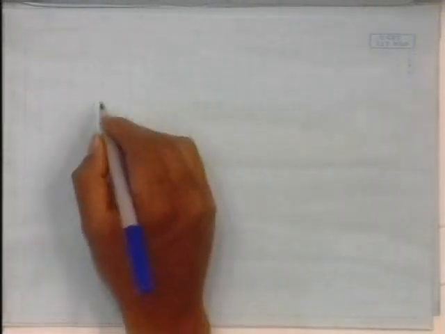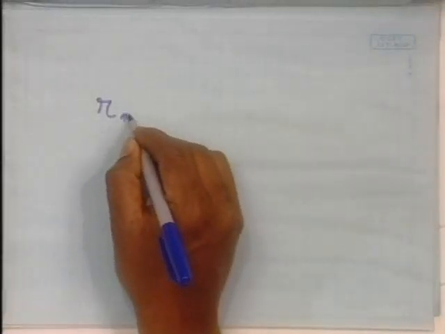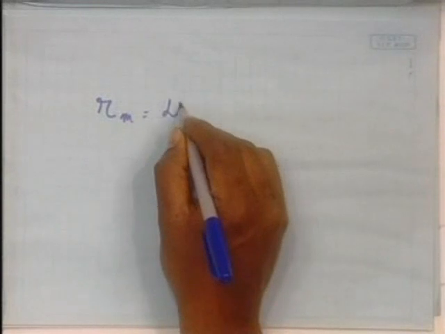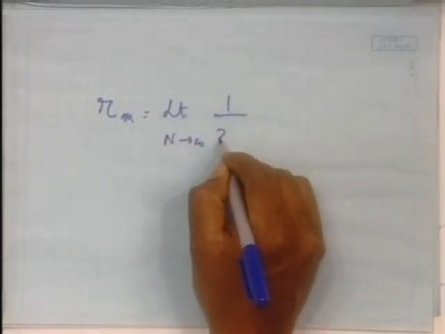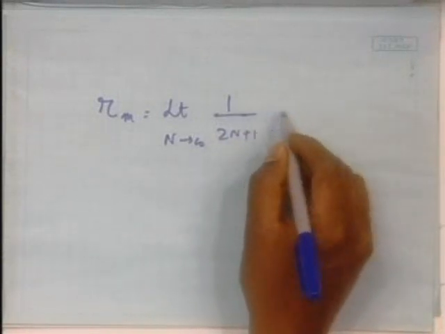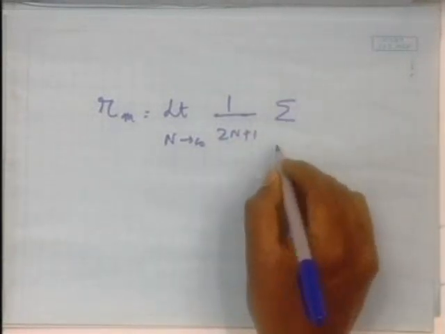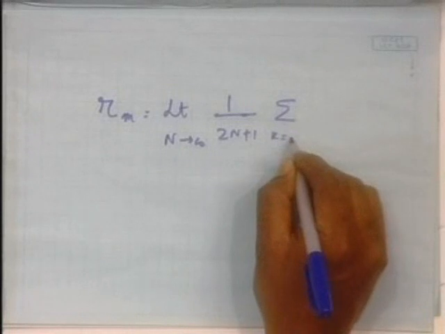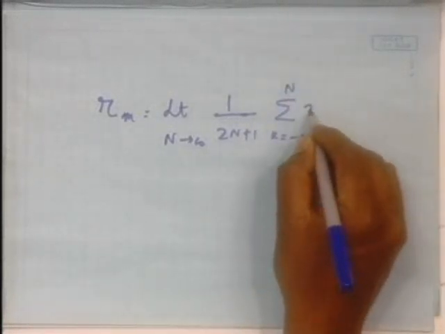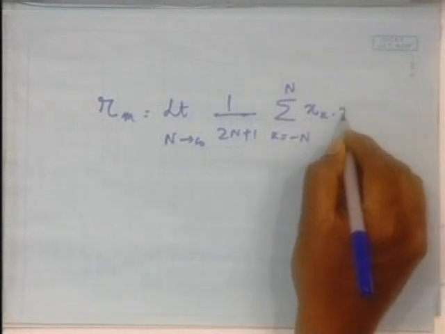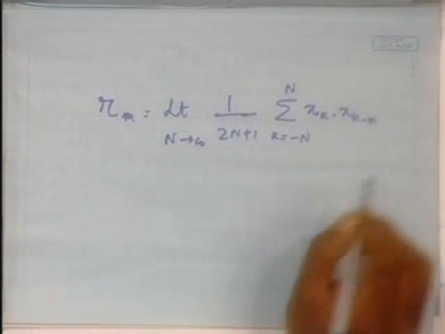So generally people find Rm equal to the limit as n tends to infinity of 1 by (2n plus 1), this is the mean, sigma k varying from minus n to plus n, of x of k into x of k minus m.